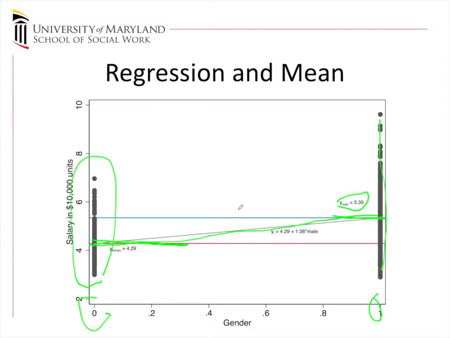And one should be cautious when using comparisons to make causal inferences because we don't know what the cause of this is. There could be a whole bunch of things that explain why gender is associated with differences in salary.